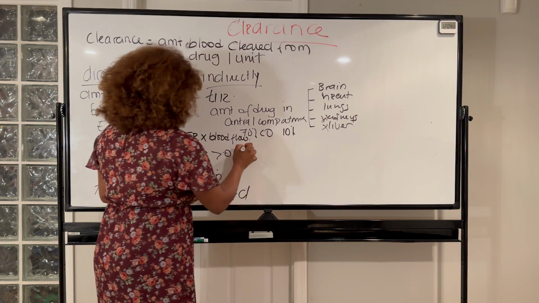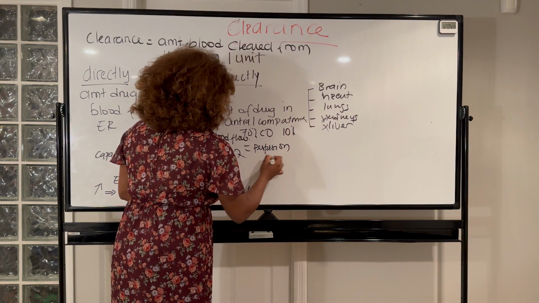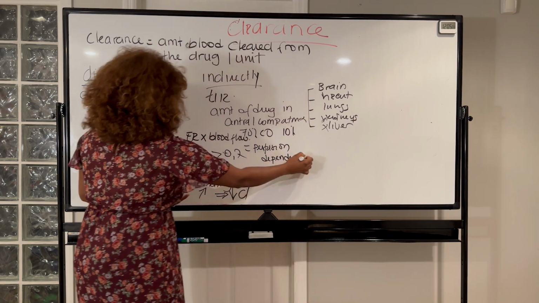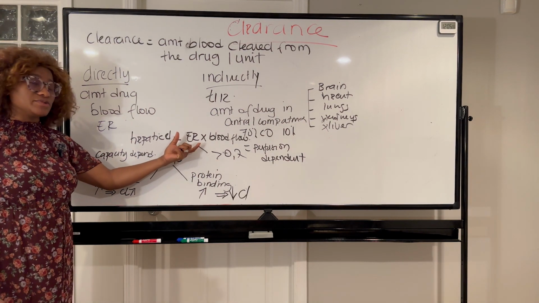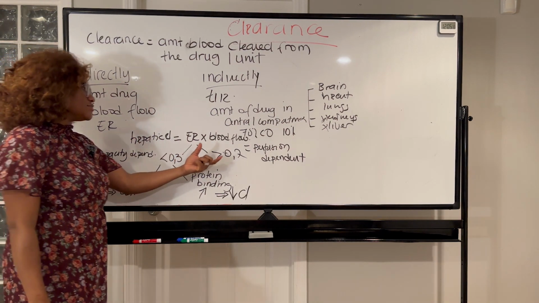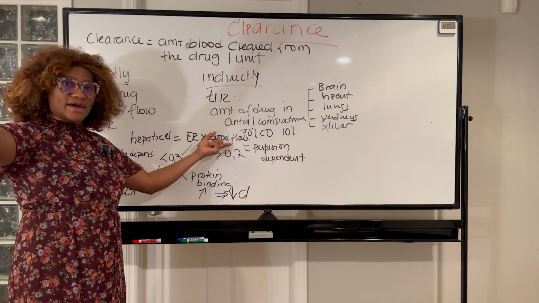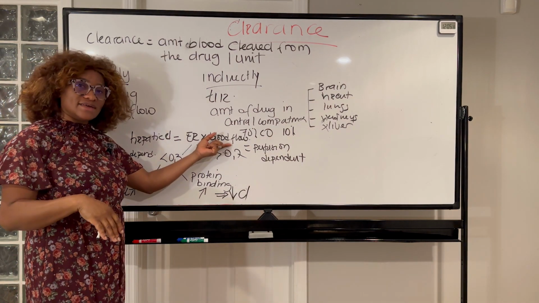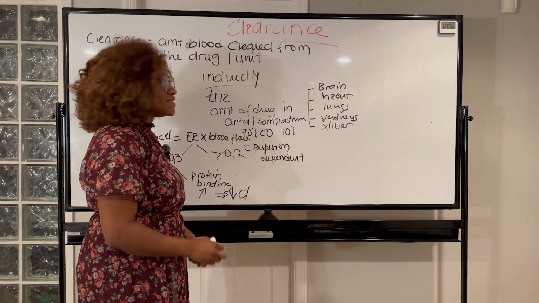And we call this perfusion dependent. Meaning, at this point, when we have a good extraction rate, our hepatic clearance is going to be solely depending on the blood flow. If the blood flow is high, the clearance is going to be high. If the blood flow is less, the clearance is going to be less, which is called perfusion dependent.